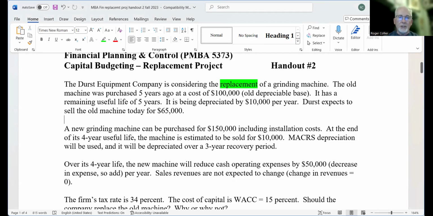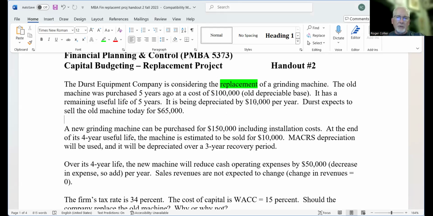The old machine was purchased 5 years ago and it cost 100,000. That was the depreciable base. It has remaining use of 5 years being depreciated by 10,000 a year. And they expect to sell it today for 65,000. So let's think about that for a second. They bought the machine 5 years ago.